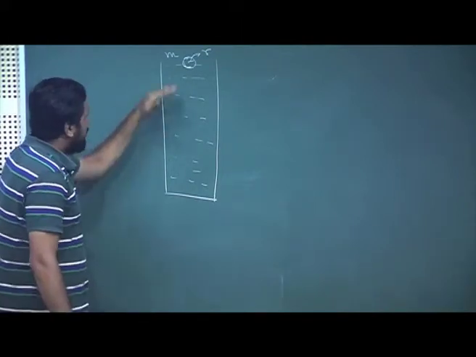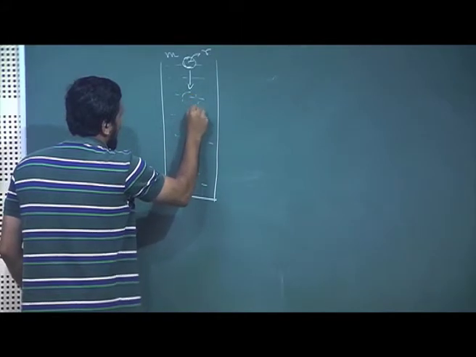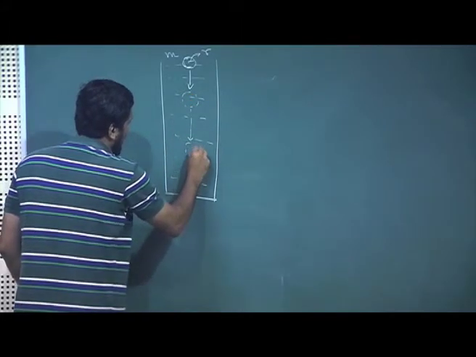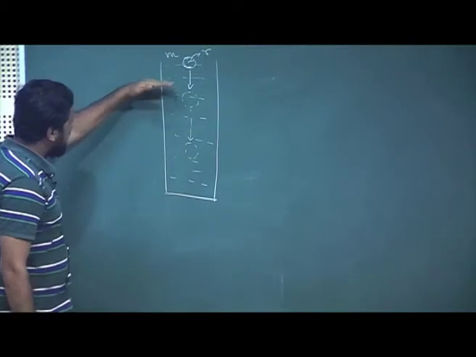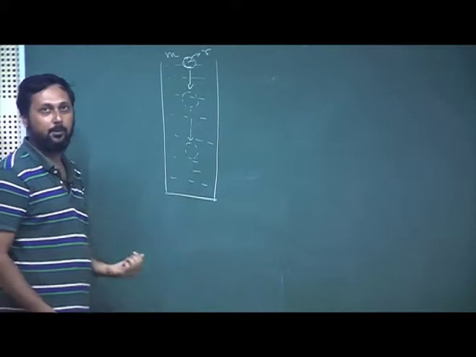Now, what happens is, as it starts falling through, because of the viscous drag present, it essentially attains a terminal velocity.